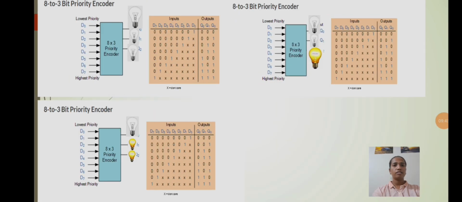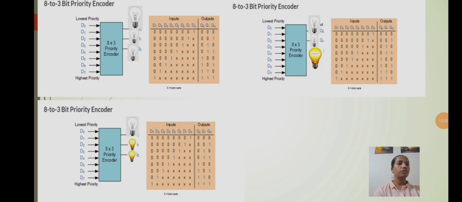The 8:3 priority encoder has 8 inputs and 3 outputs. Let us give the input combination as 0, 0, 0, 0, 0, 0, 0, 0 and the output is 0, 0, 0. It means all 3 bulbs are turned off. Give another input as 0, 0, 0, 0, 0, 0, 0, 1.